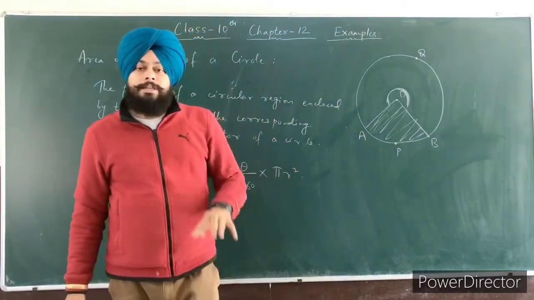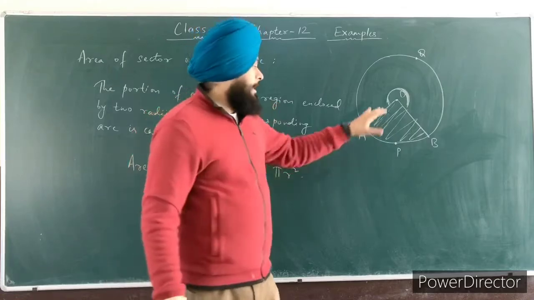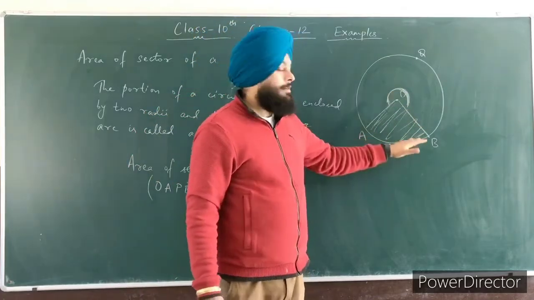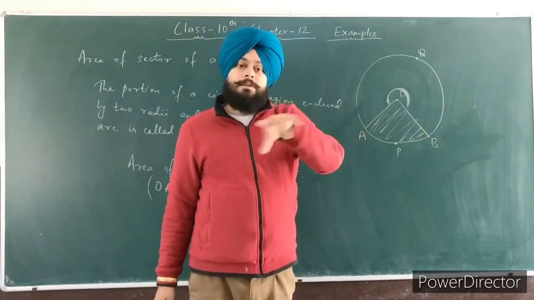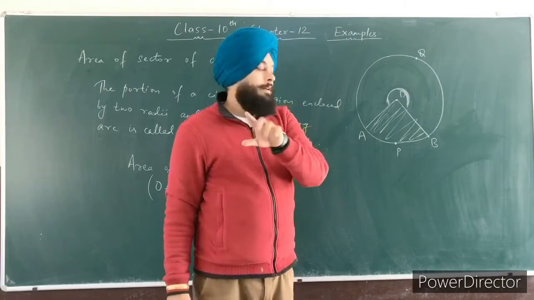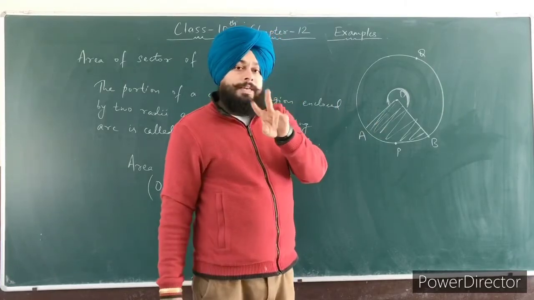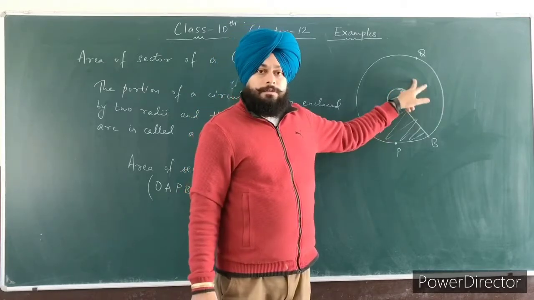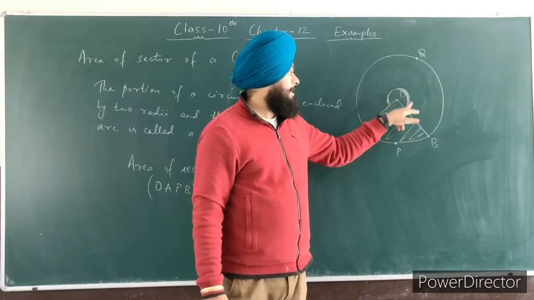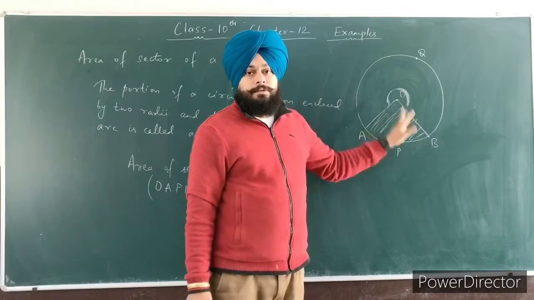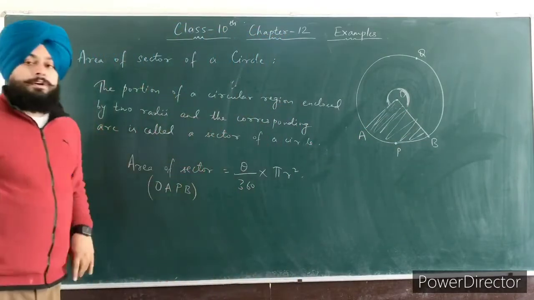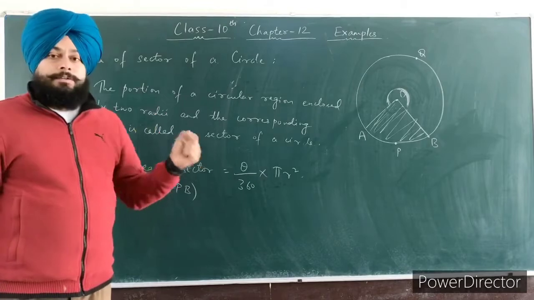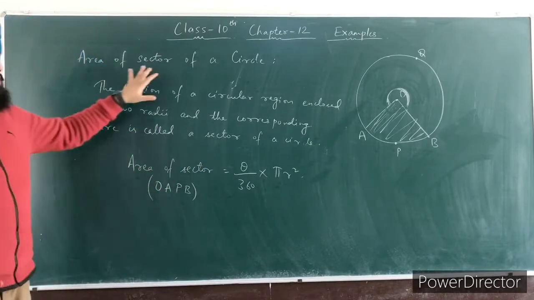First one: subtract the area of the minor sector from the area of the circle. Second step is you have to find the remaining angle, 360 minus this theta. So there are two ways to find the area of the major sector. So this is your topic, area of a sector of a circle.